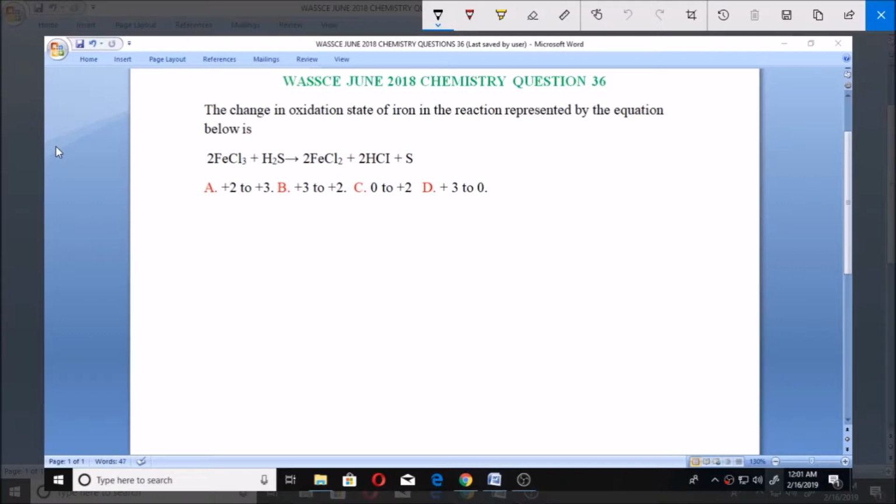Now we know that to solve for the oxidation state, say for FeCl3, the oxidation state should always be equal to 0 for a neutral substance, or for a compound that is not charged.